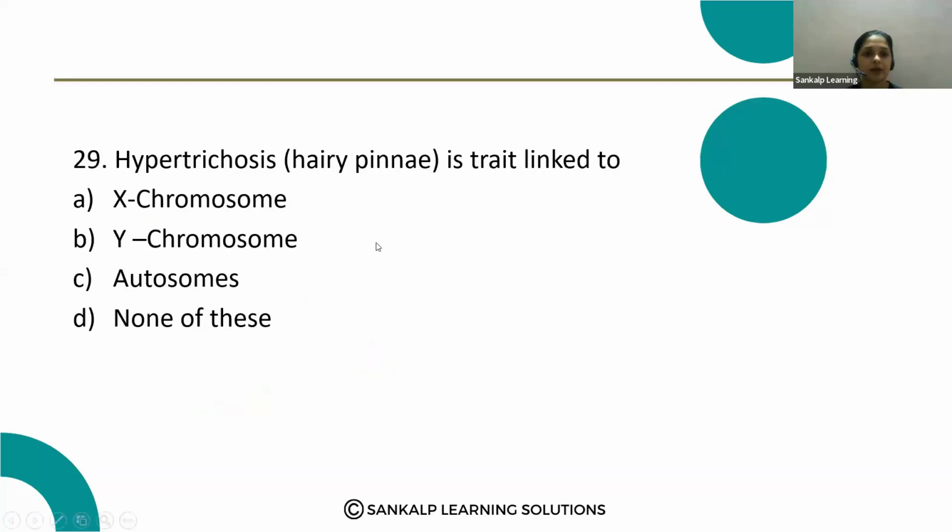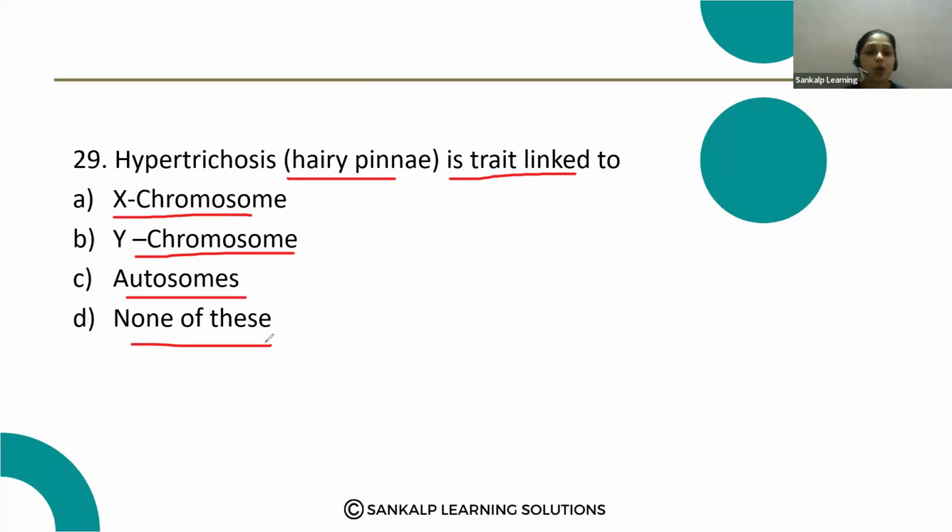Next question. Hypertrichosis, hairy pinna, is linked to: X chromosome, Y chromosome, autosomes, or none of these. Hypertrichosis means hairy pinna, the outer external ear that contains hairs. It is not found in females, only in males.